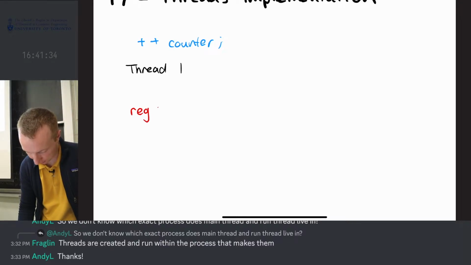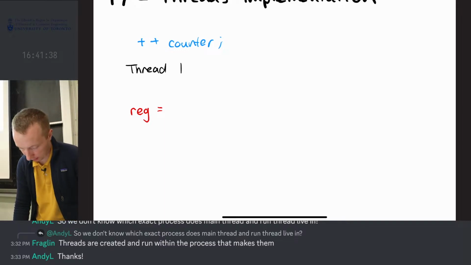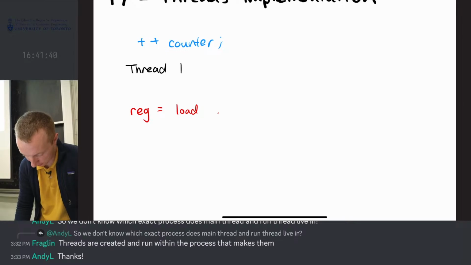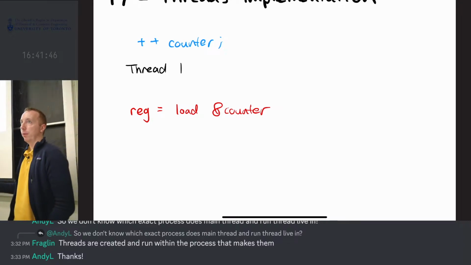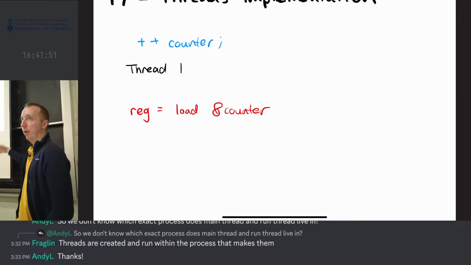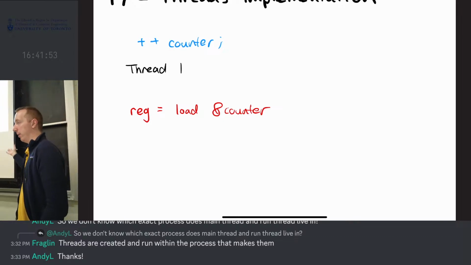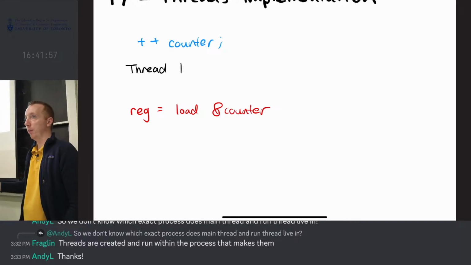So it would read the value at the address of that global variable. If it's at address, I don't know, 8,000, it would read the memory at address 8,000, and then whatever that value was, it would stick it in a register, which would be specific to a thread.